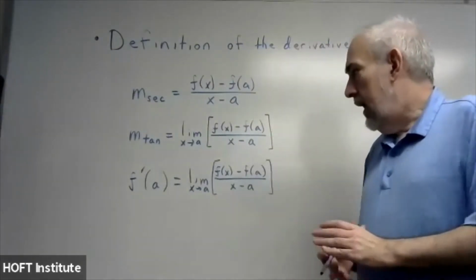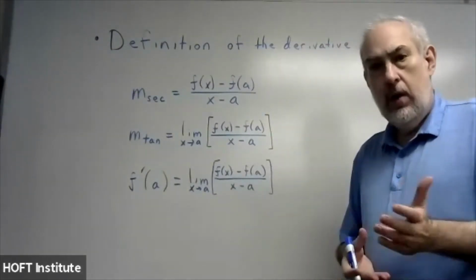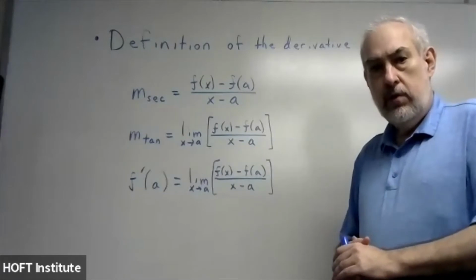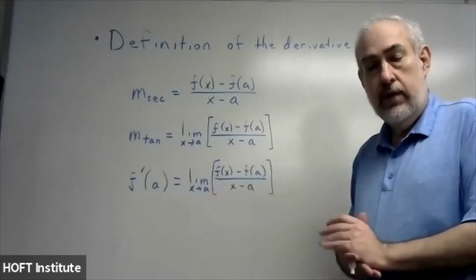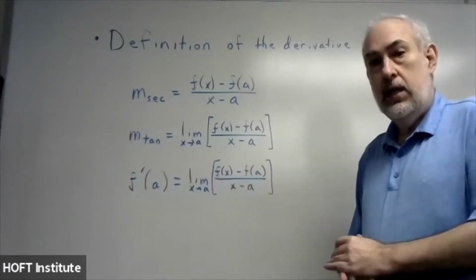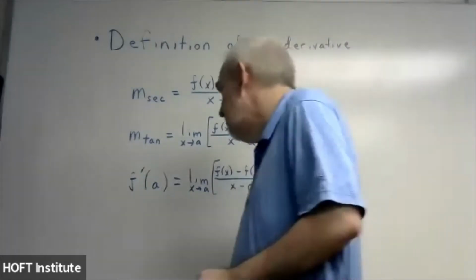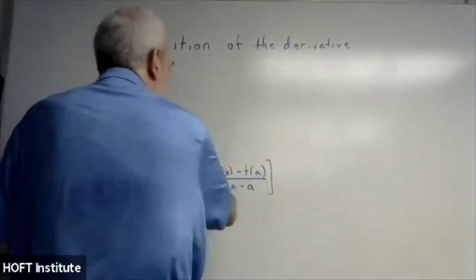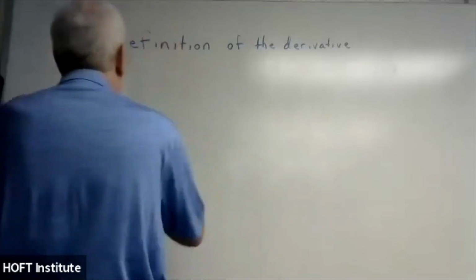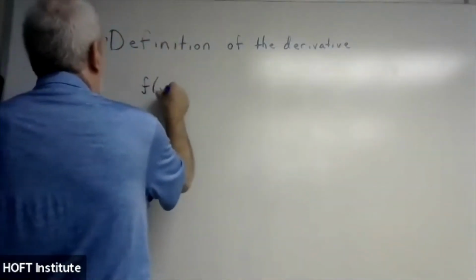So let's go ahead and use this definition in a couple of examples showing you how to calculate the derivative of a function at a using this definition. Okay, so I'm just going to pick an example off the top of my head.